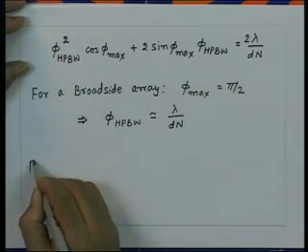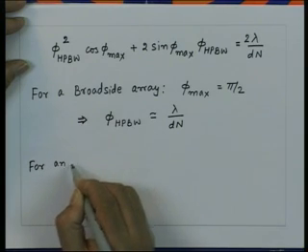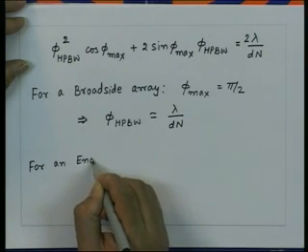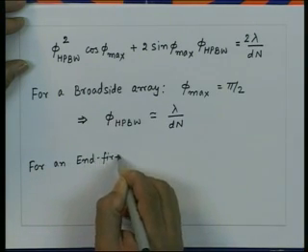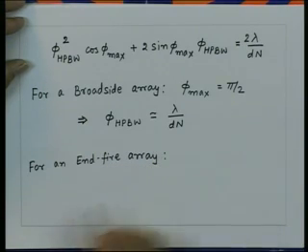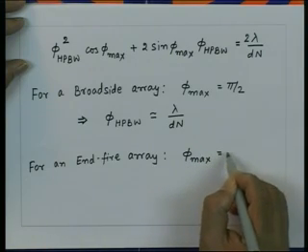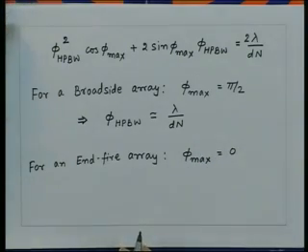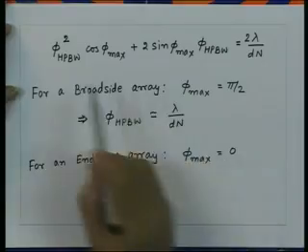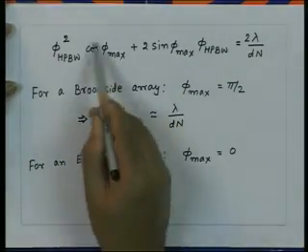For the end fire array, the phi max is equal to 0, and then this quantity will be 0, this will be equal to 1.